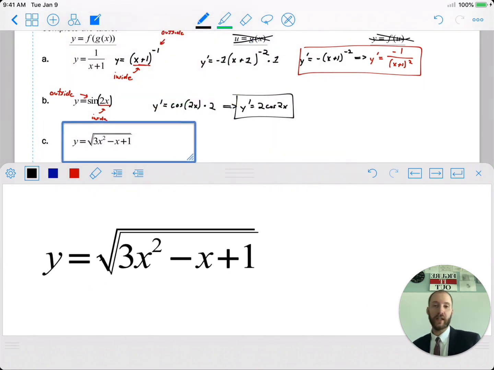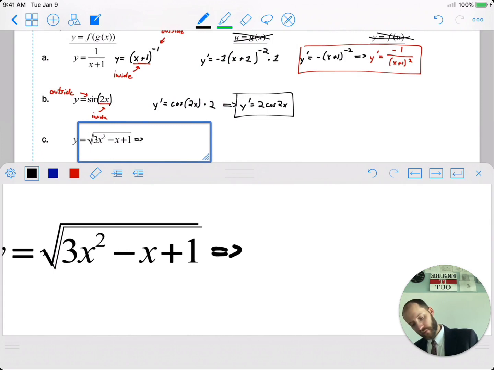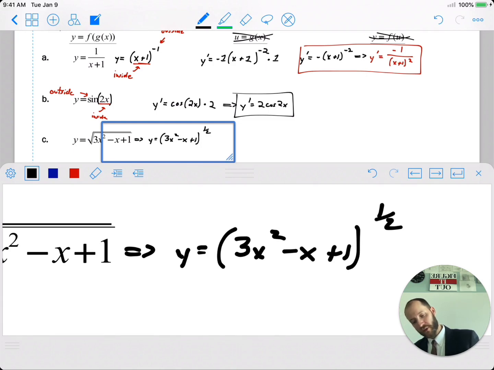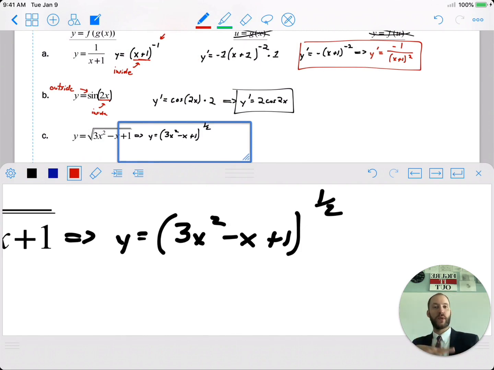For the radical, it might help to rewrite it like we've been doing. So y equals quantity 3x squared minus x plus 1 all to the power of 1/2. So now you see, just like we had the radical, now we have the parentheses, we have a quadratic plugged into a radical function.